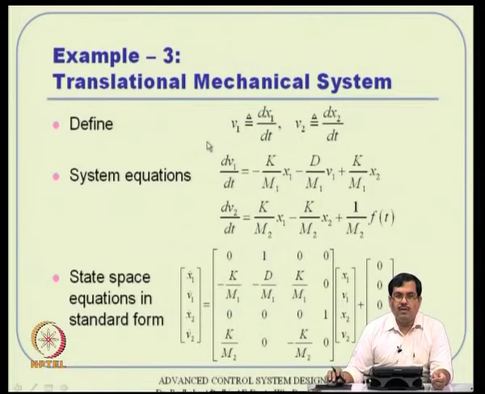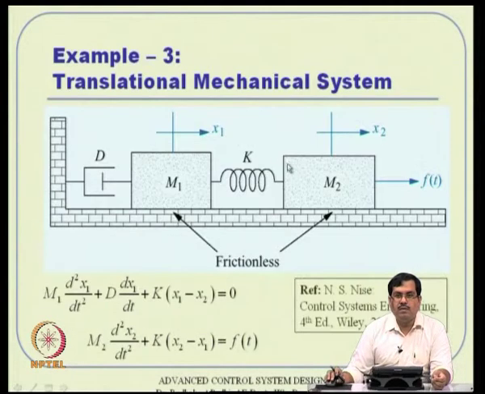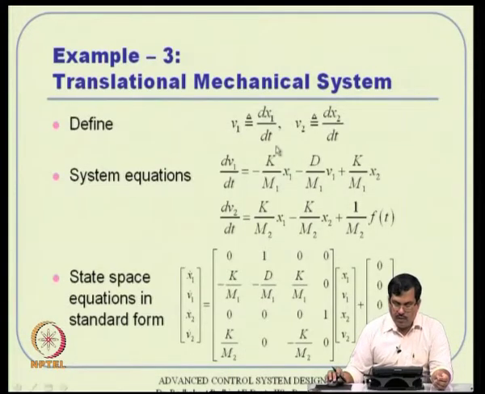Now, again a similar trick: I will define V1 as dx1 by dt, the velocity of M1, and V2 as dx2 by dt, the velocity of M2. So, x1 and x2 define the positions of M1 and M2 at any point of time, and V1 and V2 define the velocities of these bodies. Then I will look at dV1 by dt and dV2 by dt.